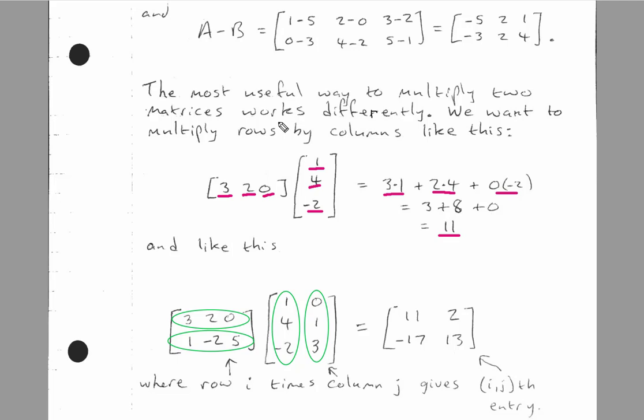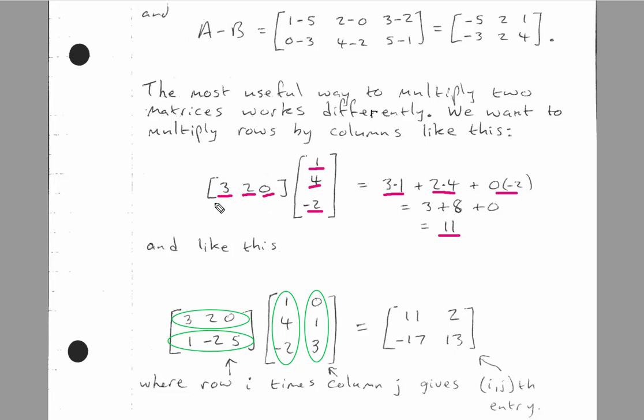Alright, so just remember this again, you want rows times columns, and for this to work, the number of elements in the row of the first matrix has to equal the number of entries in the column of the second matrix.